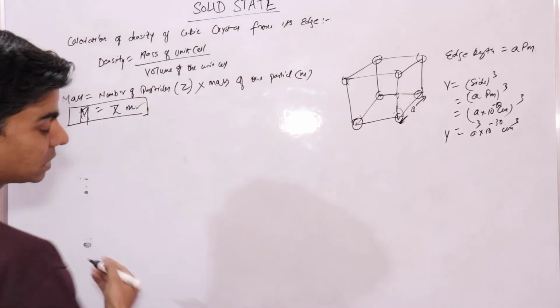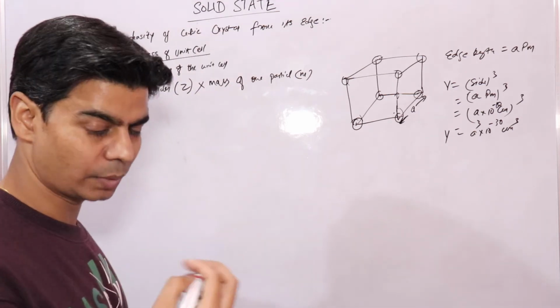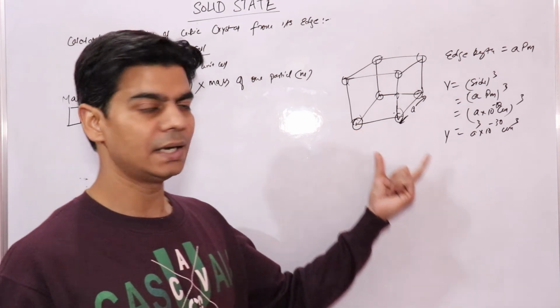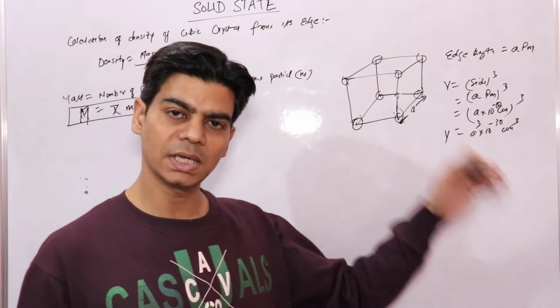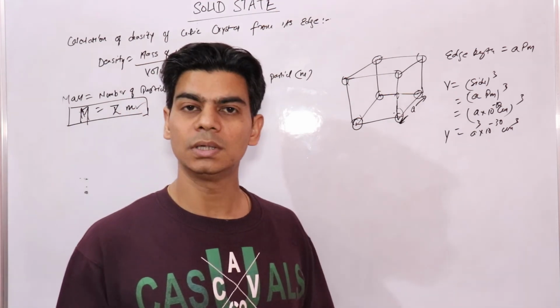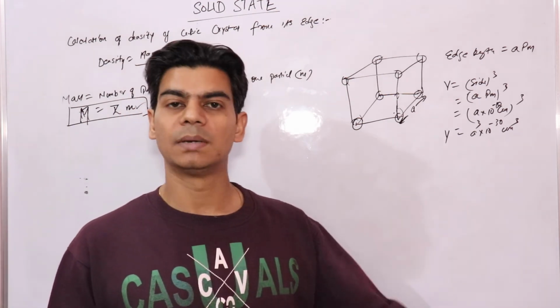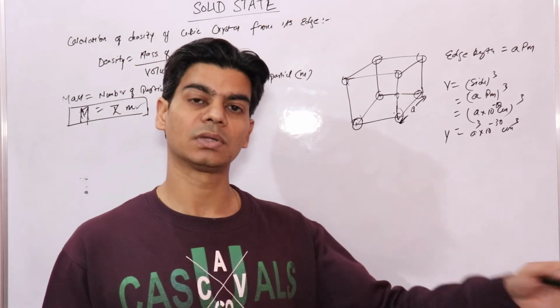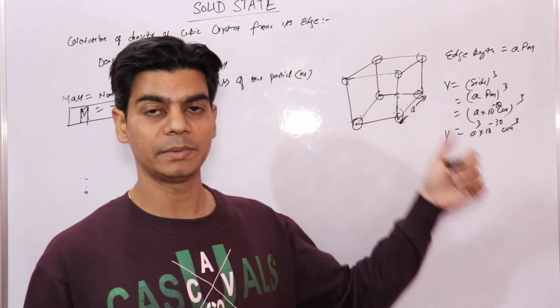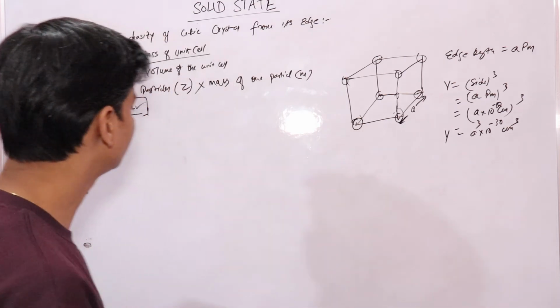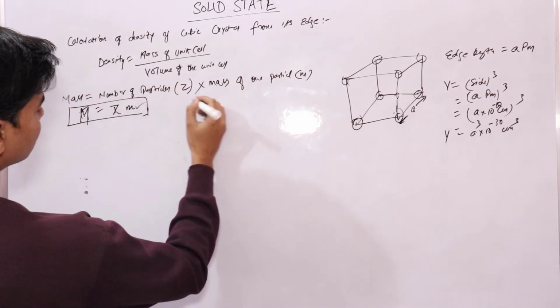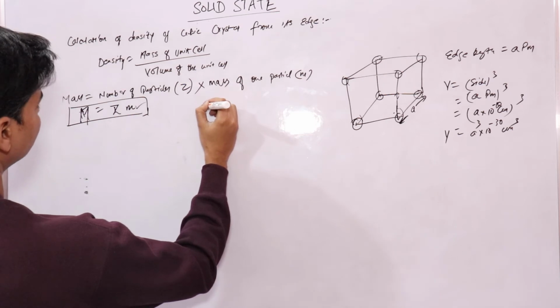So whatever element this unit cell is of, the atomic mass of this element would be equal to the mass of Avogadro's number of particles, right?